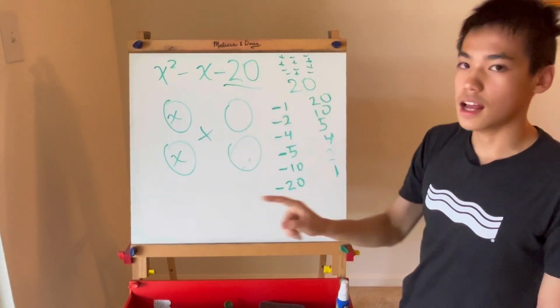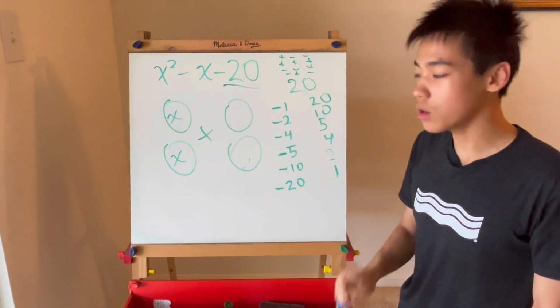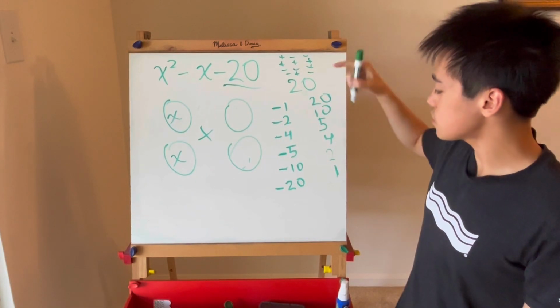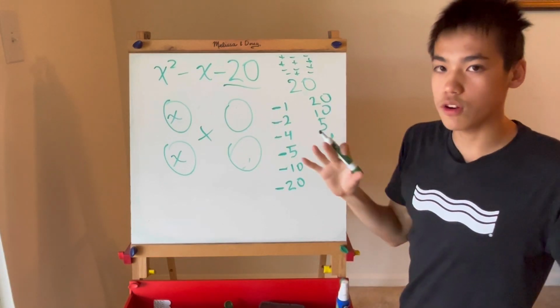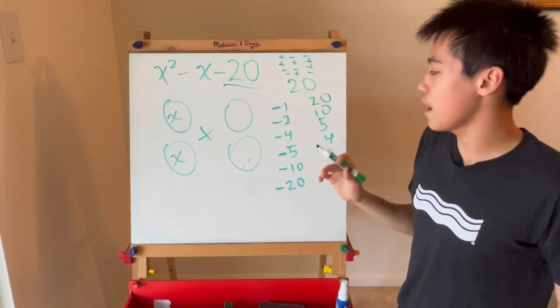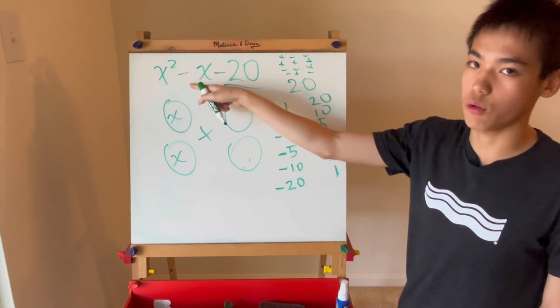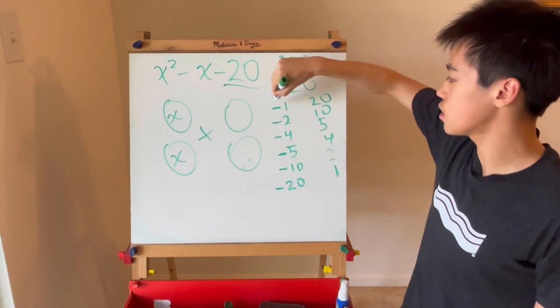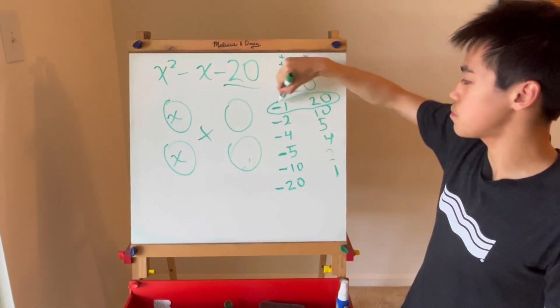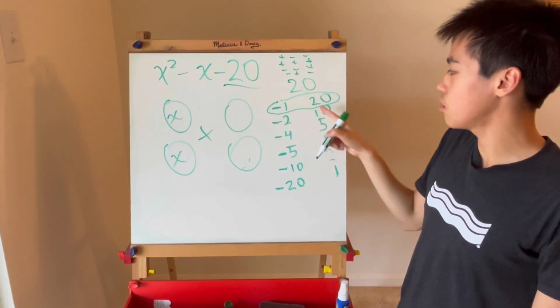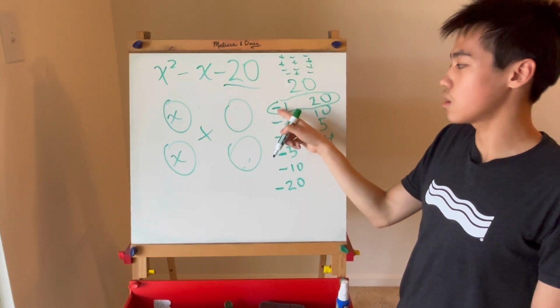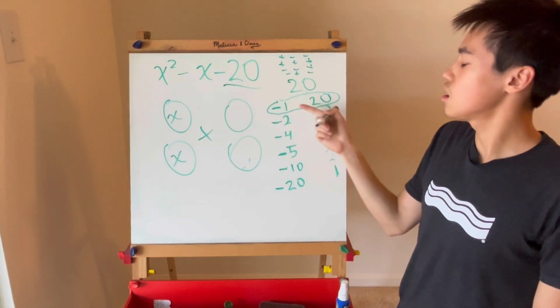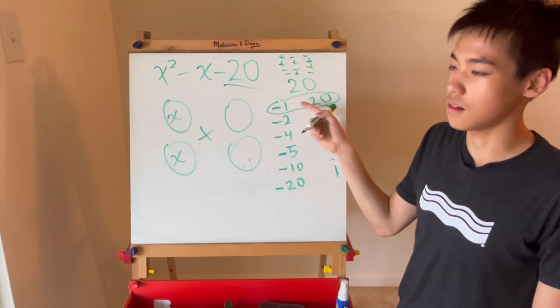Now to make this even simpler, we can just notice that numbers differing by too much can't possibly produce a sum of -1. So to show you what I mean, let's just consider this pair. This pair has a sum of 20 plus -1, or just 20 minus 1, and that's equal to 19.